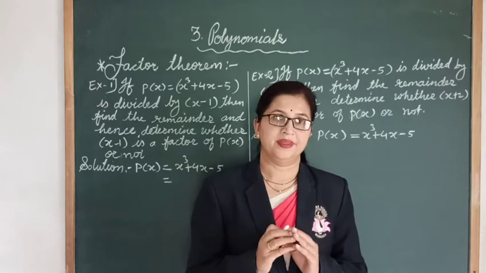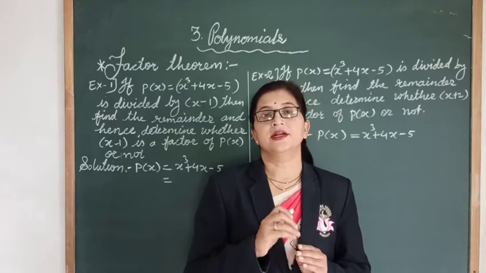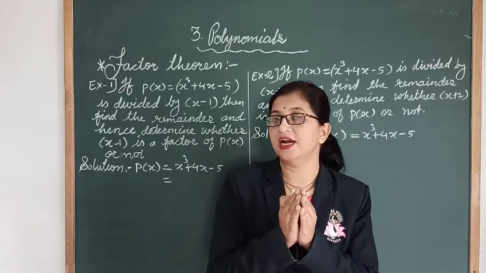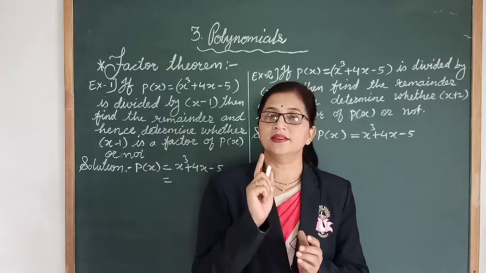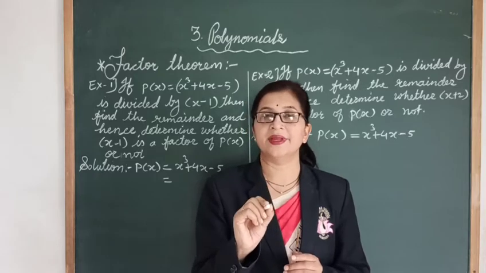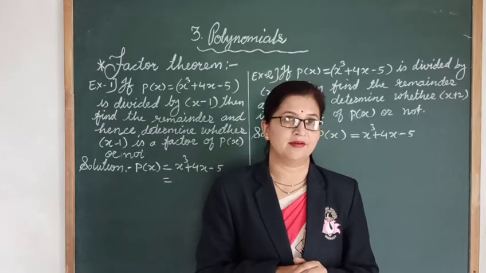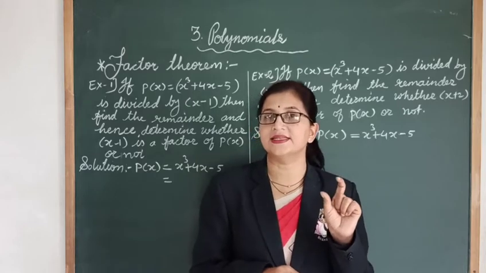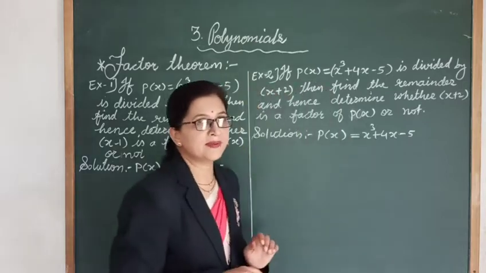In the same way, in the division of two polynomials, if the dividend polynomial is divided by a divisor polynomial and the remainder is 0, then the divisor polynomial is the factor of the dividend polynomial, right? If the remainder is 0, then we can say that the divisor is the factor of the dividend, right? Now let's see some examples.